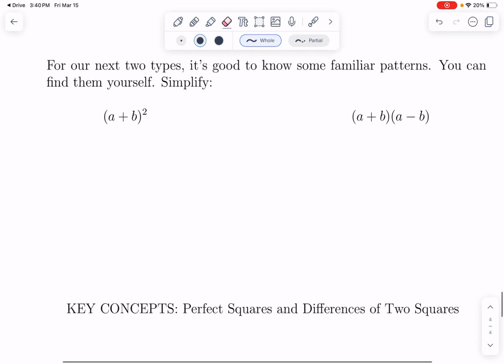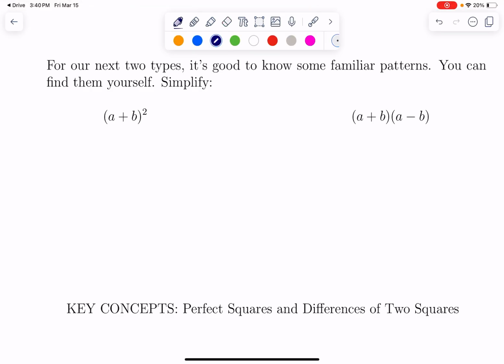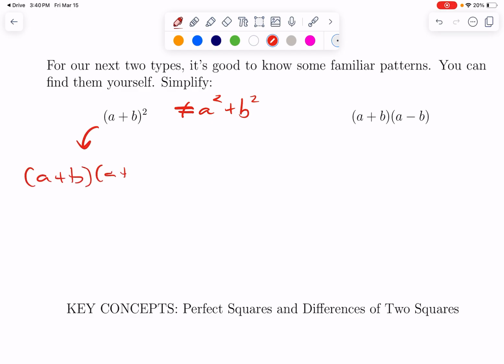Couple things to notice in terms of patterns. So if I have a plus b quantity squared, right, let's just note that this is not the same as a squared plus b squared. This is one of the most common errors, but it's still not true. This means a plus b times a plus b. And if I FOIL that out, that's a squared plus ab plus ba plus b squared.